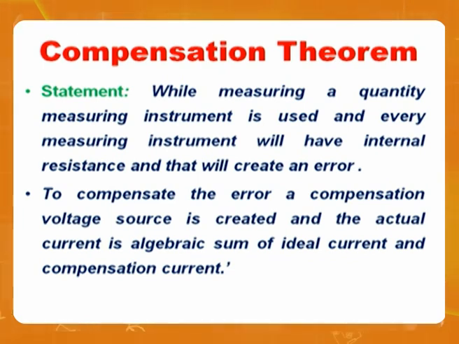Theoretical value, I call it the ideal current. But by introducing another meter, what's going to happen now? They will change, and every instrument will create some error. So you don't need to calculate the ideal current every time, only the compensation current. You take the algebraic sum and you get the overall. So the beauty of this theorem is, the ideal current is calculated once and for all, but the compensation current is calculated every time and the overall is estimated.